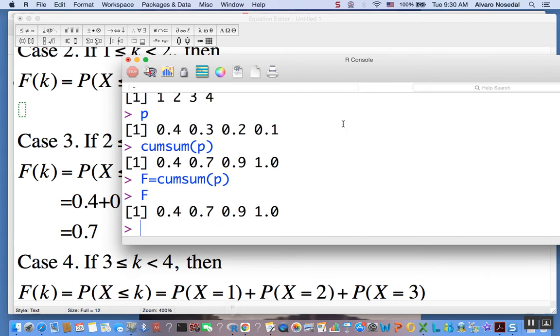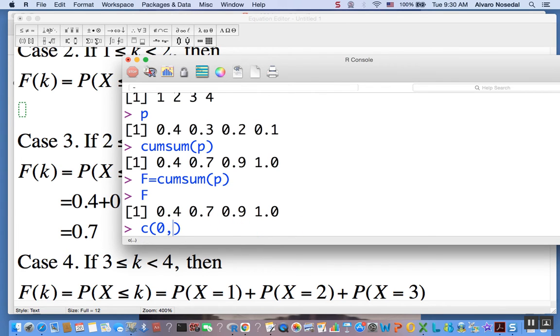So it turns out that R has a built-in function to create step functions. Let me show you. So let's save that in an object called sFun. So stepfun, as in step function of x, and then what I want you to see is that we would like to add this 0 and F. Let me show you what I'm doing there with that c(0, F), right?